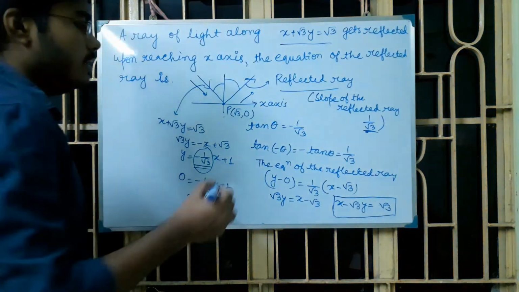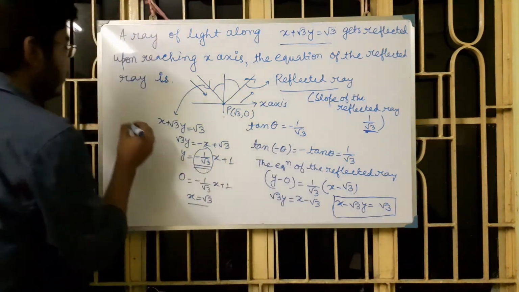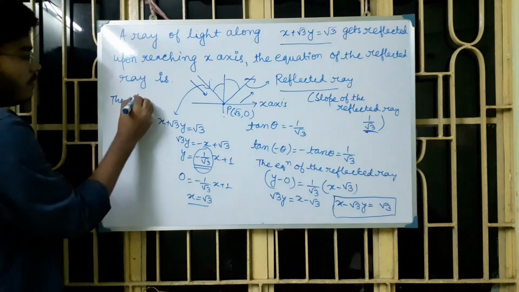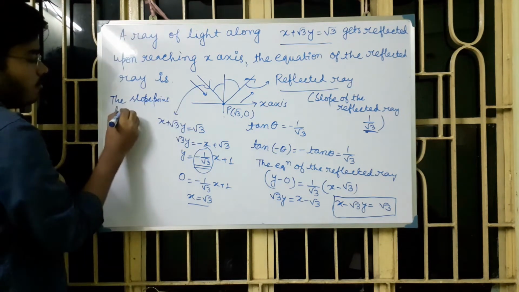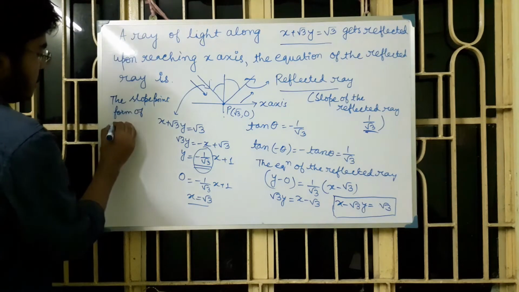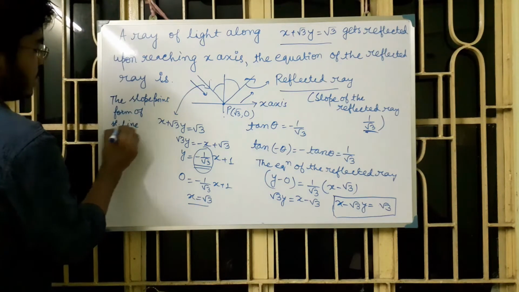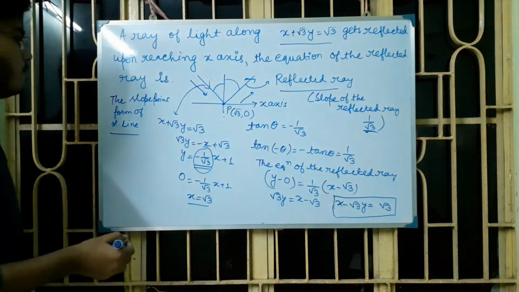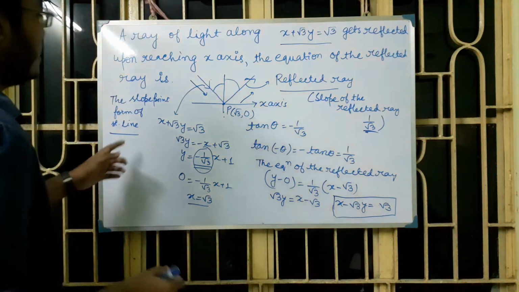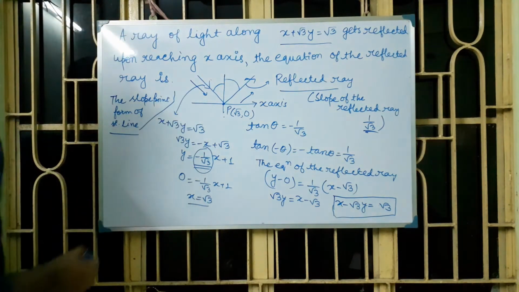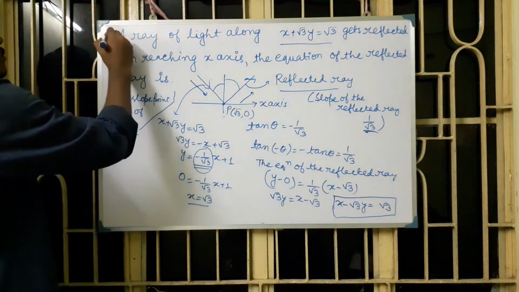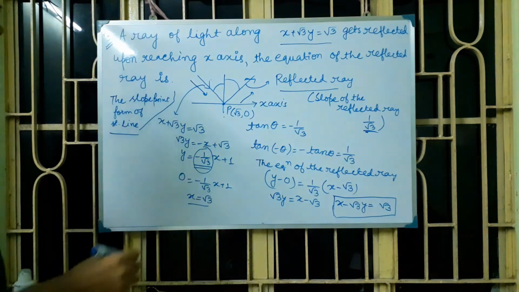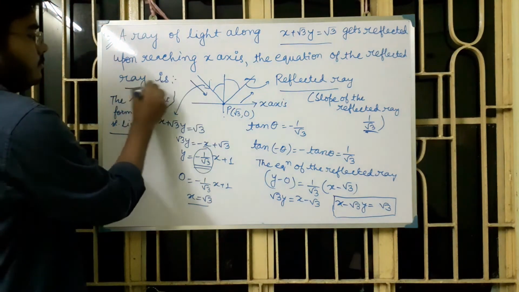So we got the answer by using the slope point form of a straight line. The only thing we have to know is the slope point form of a straight line, and if you know the form of a straight line, you can easily solve the JEE problem in this particular way.